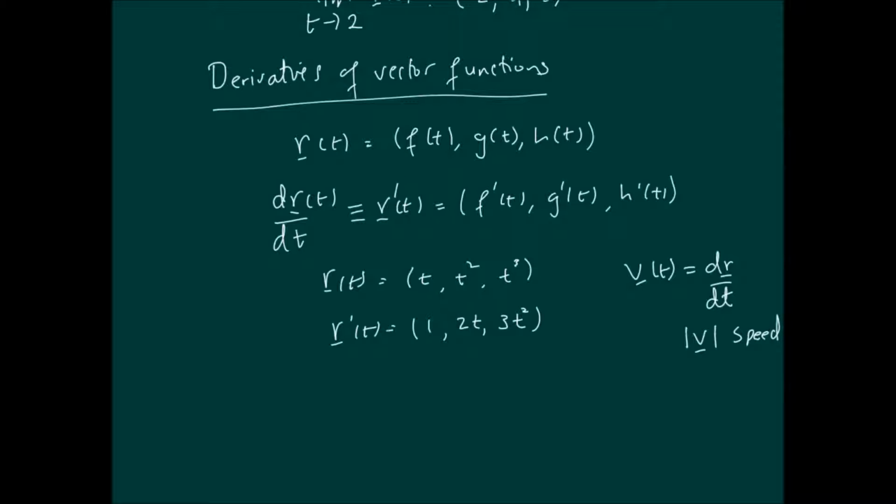So that's the speed, and this is the velocity. Just quick references. And of course, that means that the acceleration vector a is in fact dv/dt, which is d squared r over dt squared. I just refer to these very quickly for anyone who might find them of interest.